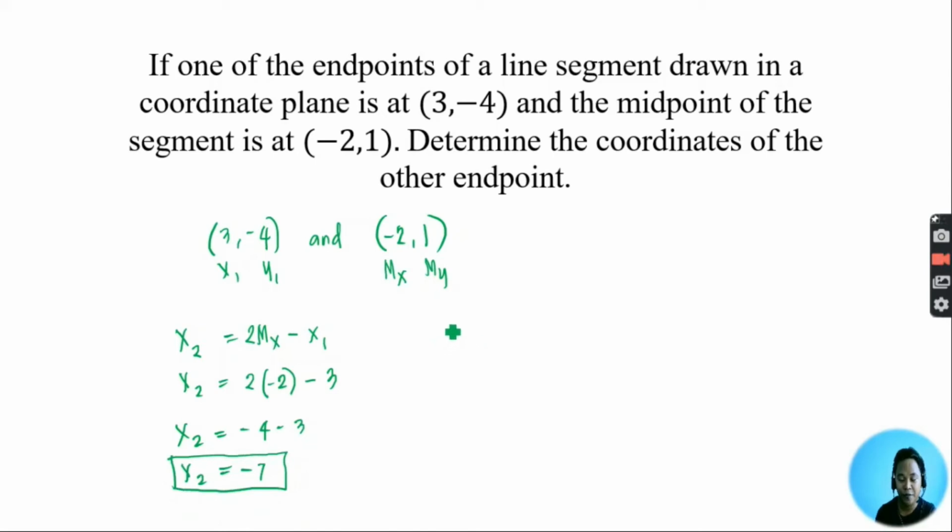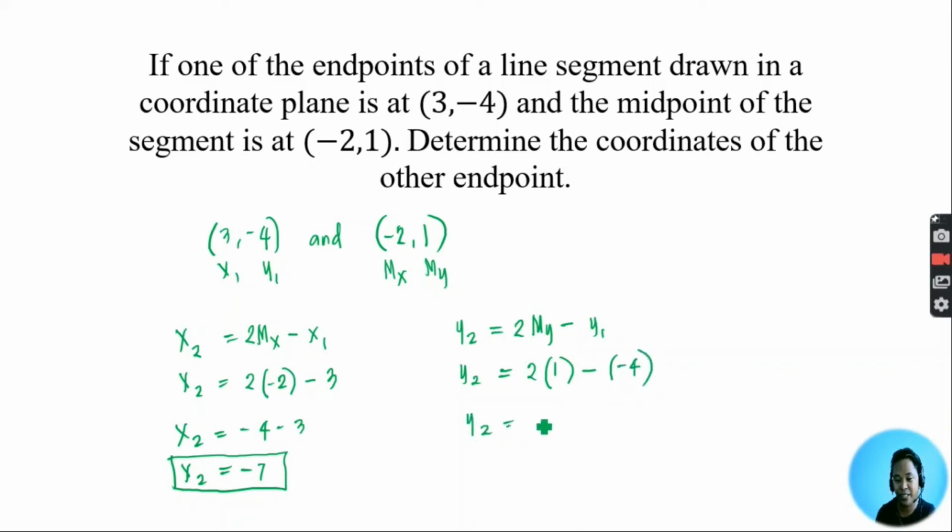And to find y sub 2, same process lang po tayo. Y sub 2 is equal to 2 times the y coordinate of our midpoint minus y sub 1. So y sub 2 is unknown, and 2 times m sub y, which is 1, minus y sub 1, which is negative 4.